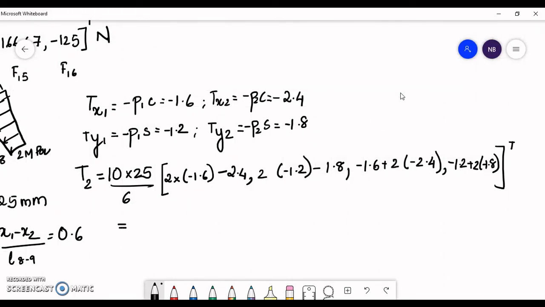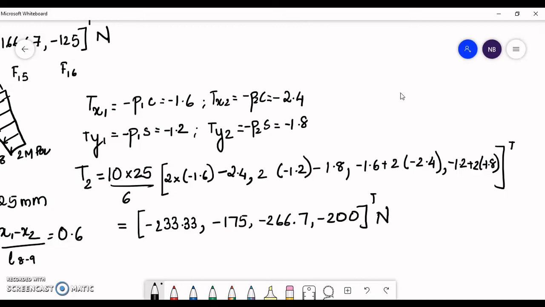On addition and multiplication of these terms we get minus 233.33, minus 175, minus 266.7, minus 200, and the unit of this is Newton. So now here what we have found out is F15, F16, F17 and F18.